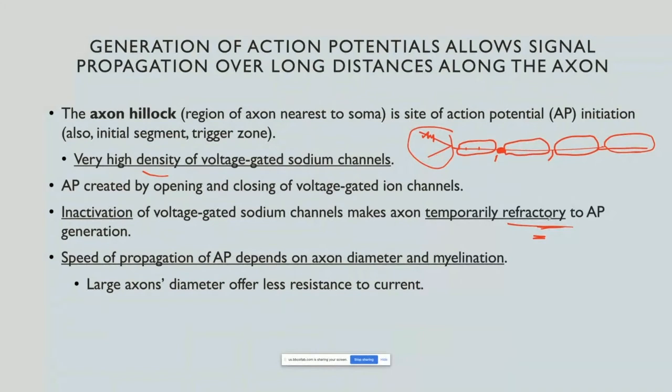Another important concept is that different neurons have a different speed of propagation of action potentials. The velocity of the action potentials will depend on a couple of factors. One of them is the axon diameter, and the other is the presence of myelin around the axon.